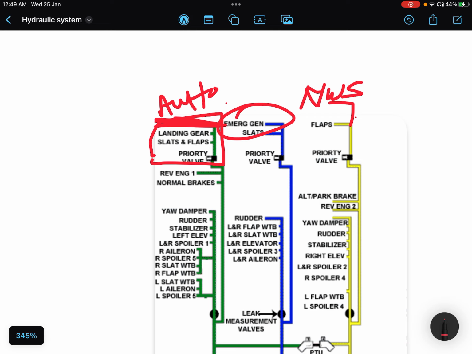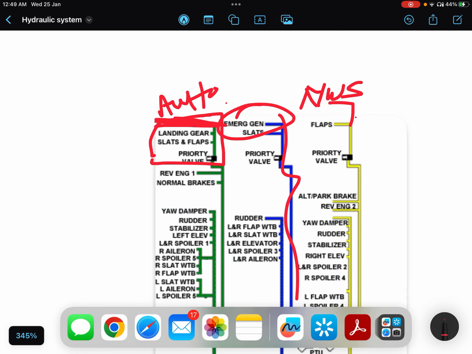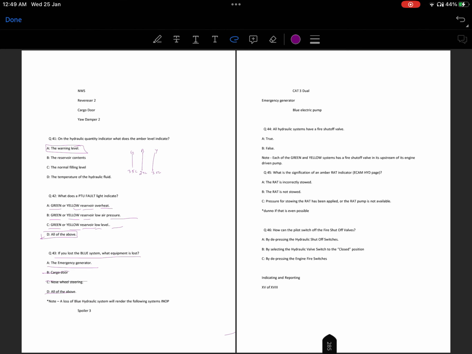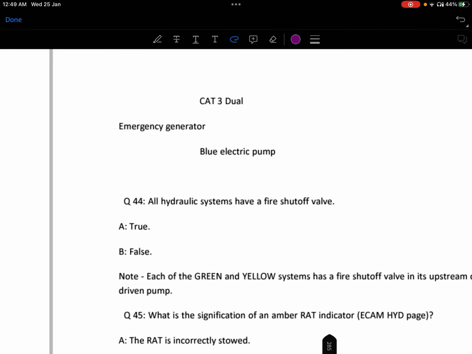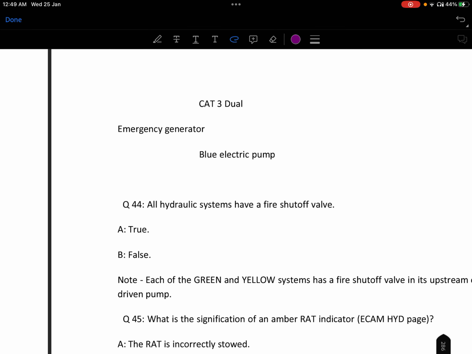So 43, it's option Alpha, emergency generator will not be available as it is connected with the blue hydraulic system. Here it is again, the emergency generator is connected with the blue system.